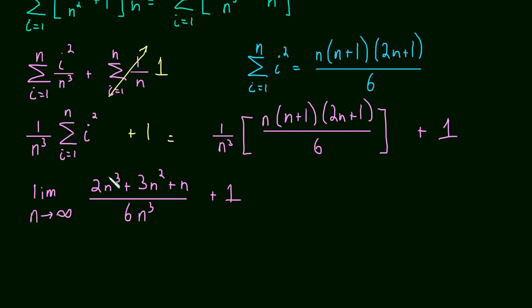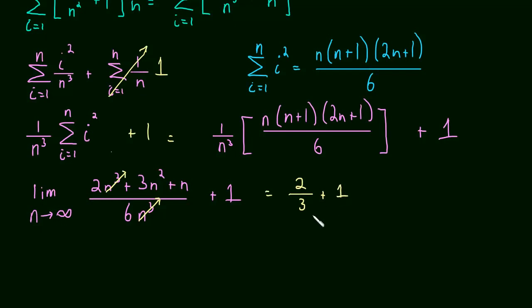Now you should know, maybe from pre-calculus or even this calculus course, that this limit is just the ratio of the leading terms, assuming the leading terms have the same exponent, which they do. They are both 3, n cubed over n cubed. So it's just the ratio of the leading terms, and then the limit of a constant is just that constant, so this becomes 2 over 6 plus 1.